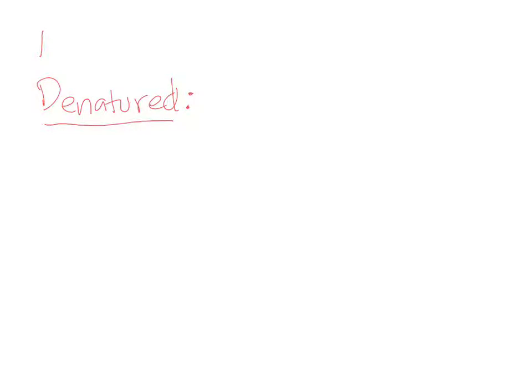When the temperature of your body is too low, the enzymes also stop working, but they don't become denatured. So if your temperature drops too low, your enzymes just stop working. If your temperature becomes too high, then the enzymes become denatured and they break down and they can no longer function. So I want you to add the word denatured in the white part below your notes.